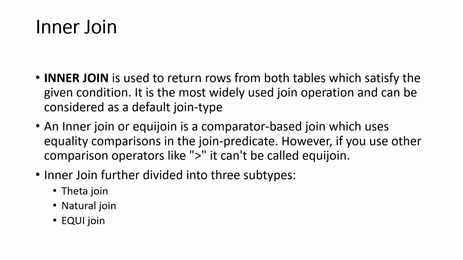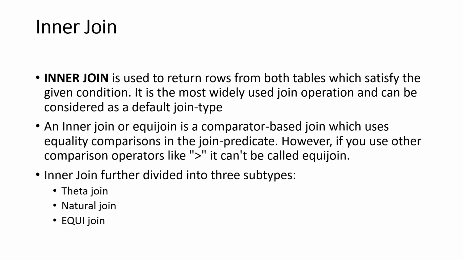Inner join or equi-join is a comparator based join which uses equality comparisons in the join predicate. However, if you use other comparison operators like greater than, it can't be called equi-join. Equi means equal. So if we are using the condition of two columns being equal, then only that can be considered inner join or equi-join.